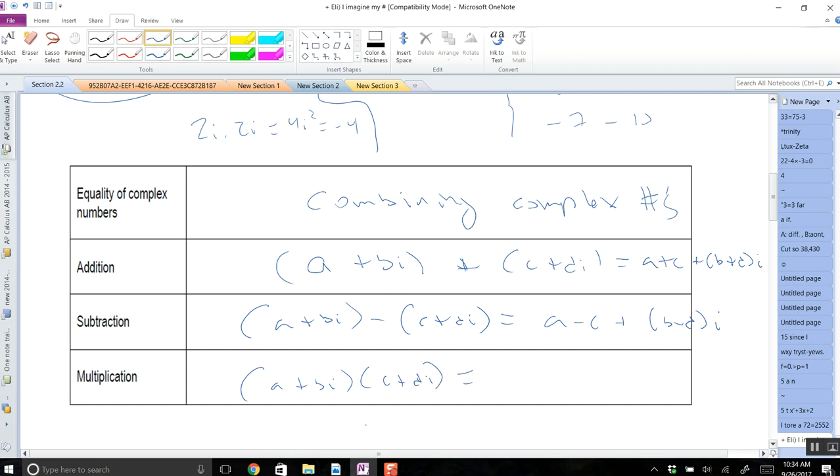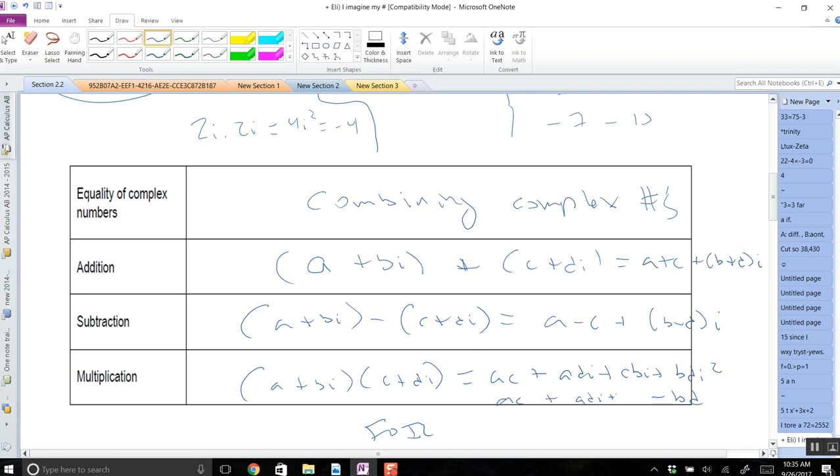And again, if you haven't noticed, c plus di is just another way I'm expressing a complex number. In this case, you want to FOIL. So it's ac plus adi plus cbi, then plus bdi squared, which of course becomes negative bd, because i squared is negative 1.